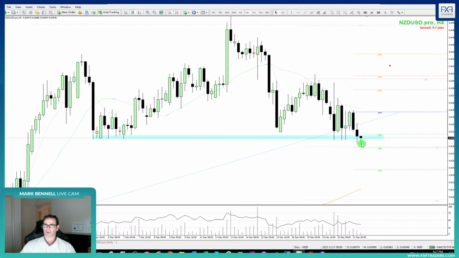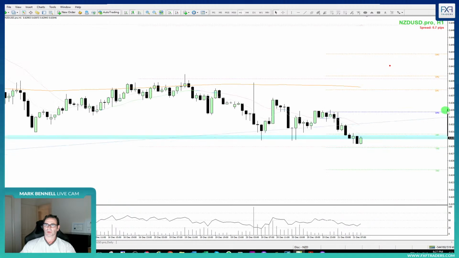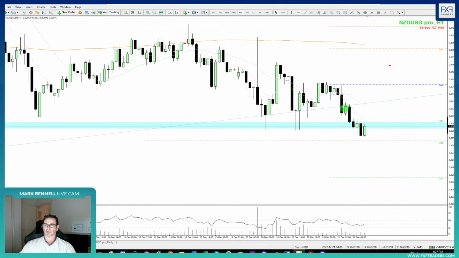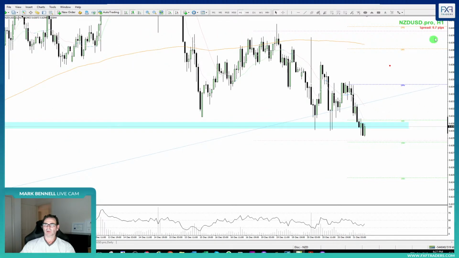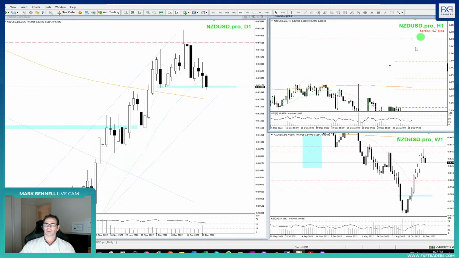Just be careful with that. It's right in fakeout territory, however, seeing strength through here. Which is not bad. Little swing in there.